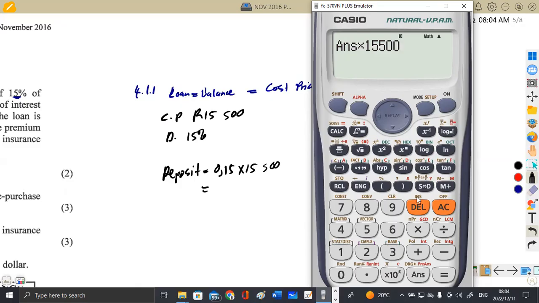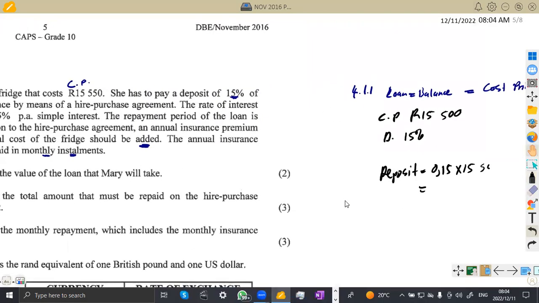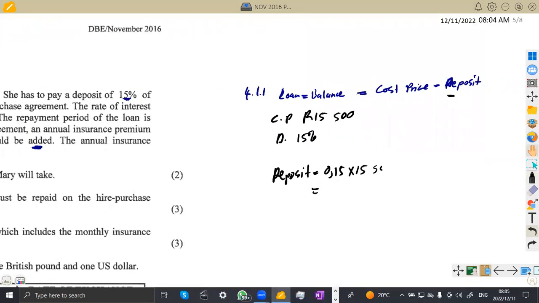Let's redo this. How am I taking this value, guys? It's 15,550, not 15,500. I just hope someone was seeing this. That's 550 here. All right, so we've got 15,550.